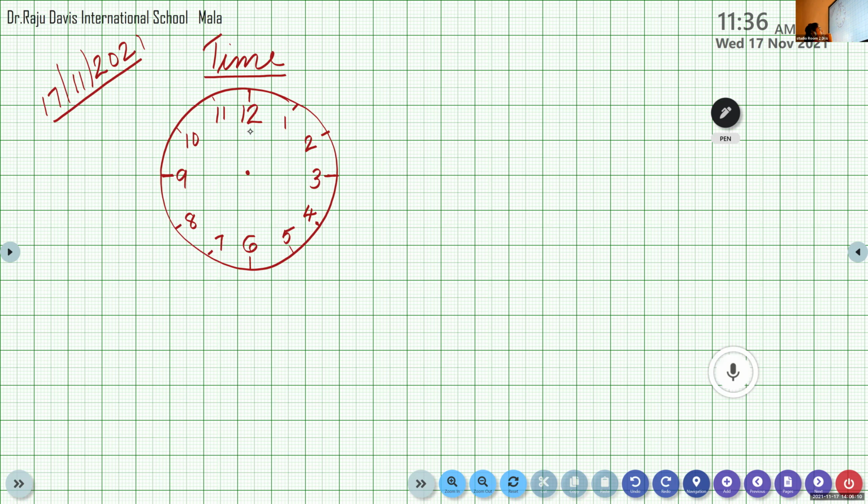Minute hand is on 12 and the hour hand is on 9. What is the time? 9 o'clock. Yes, it's 9 o'clock now.